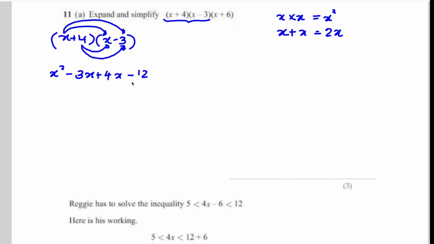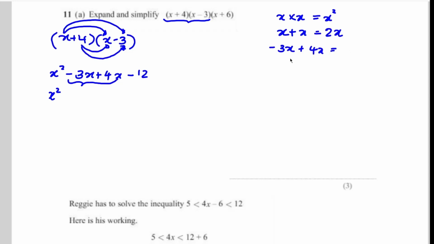Now we need to simplify. You have to add the like terms. X squared has nothing to add with, so we write x squared. These two are like terms because they both have x, so we can add them: minus 3x plus 4x. When simplifying, we do not change the powers.